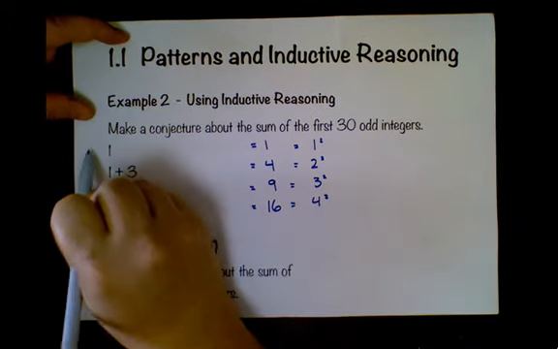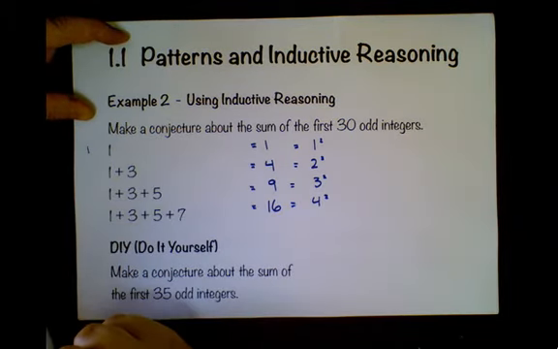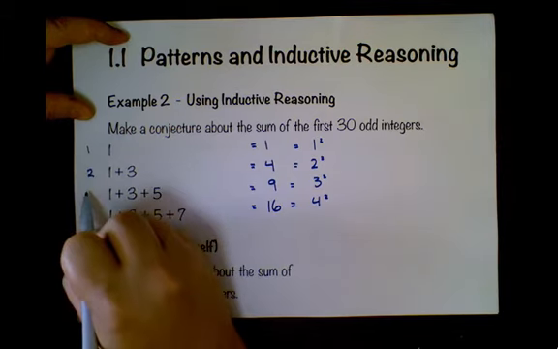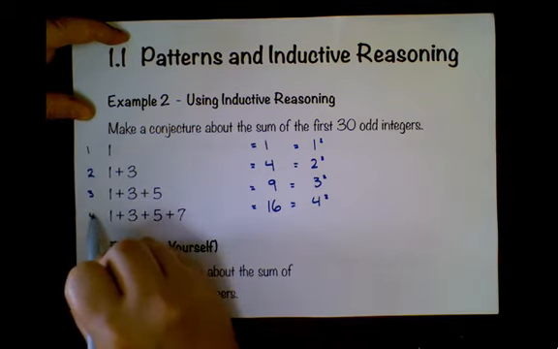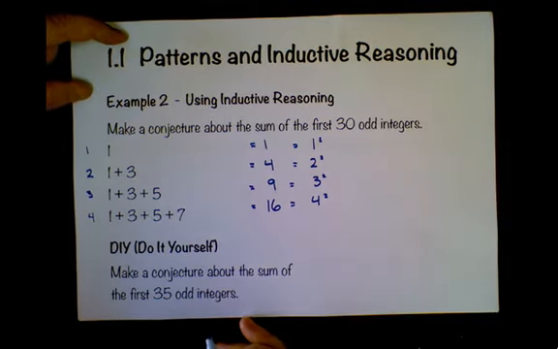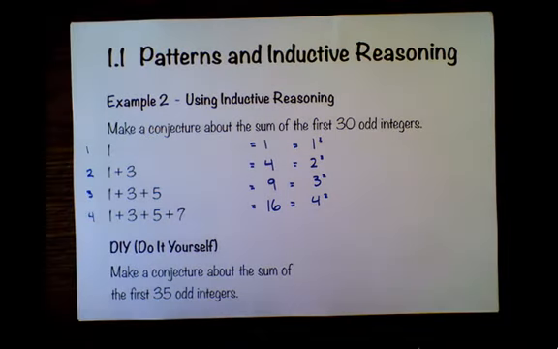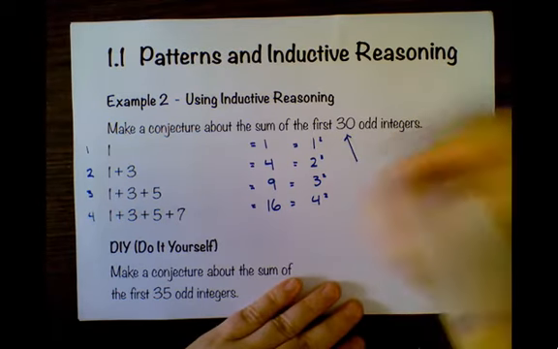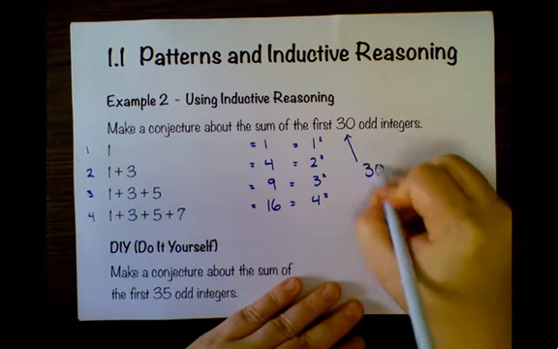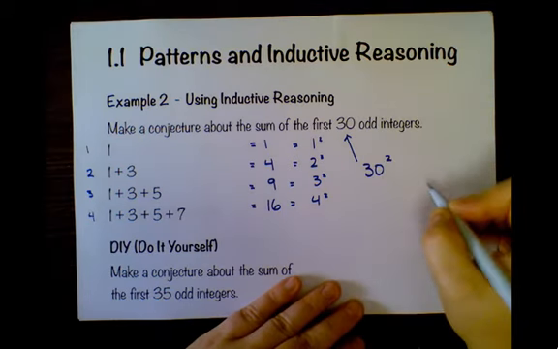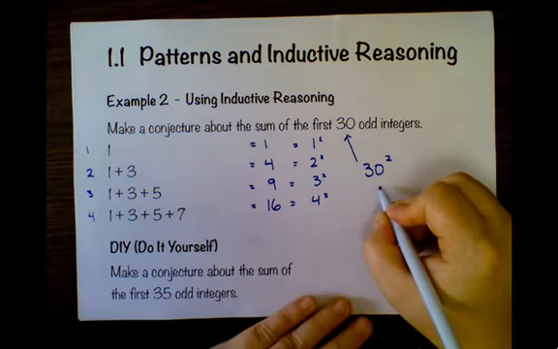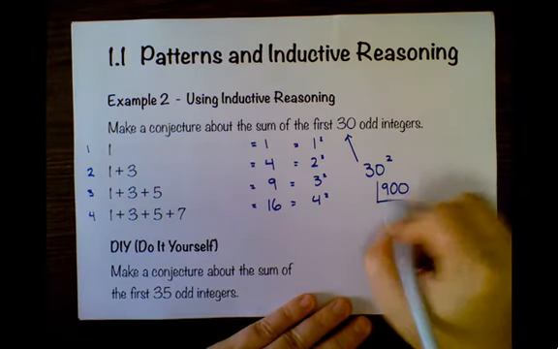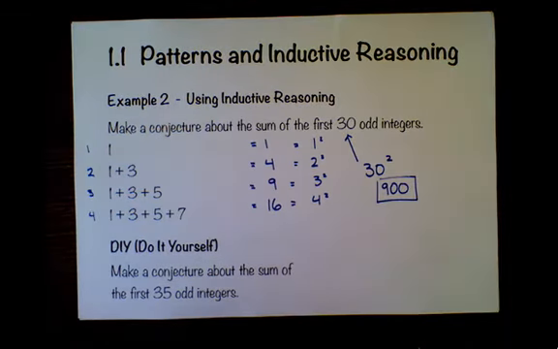You'll notice this is the first odd integer. These are the first 2 odd integers, the first 3 odd integers, the first 4 odd integers. So my conjecture is that the first 30 odd integers will equal 30 squared, which would be 900. The sum of the first 30 odd integers is going to equal 900.